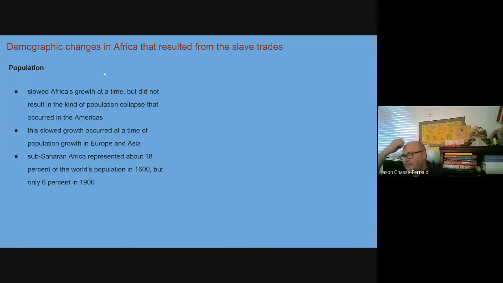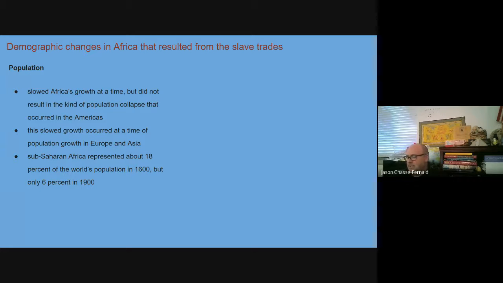So let's look at a couple facts. When you look at the population, population slowed Africa's growth at a time, but did not result in the kind of population collapse that occurred in the Americas. When we talk about the Americas between 1500 and 1600, you have a demographic population collapse.